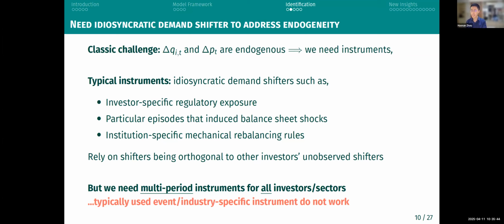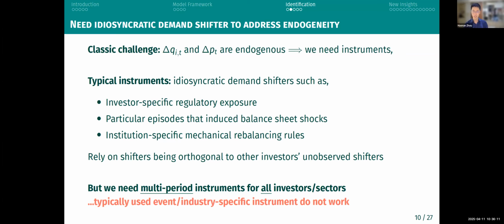But in this particular case, because we want to make sure that we accommodate all sorts of heterogeneities across different sectors and different investors, we do need a lot of instruments. And the typical way of approaching this problem might not work well from a statistical power sense, or even from an economic standpoint. So we need multi-period instruments for all investors or all sectors.